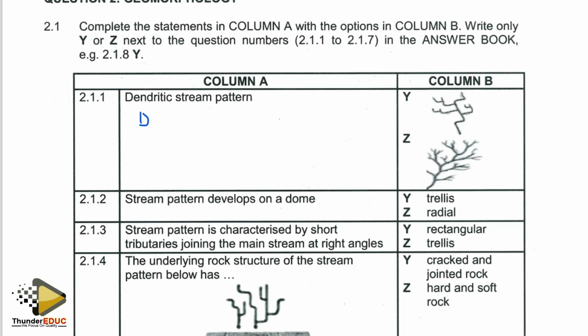If we check those two patterns, the one that reflects a tree and its branches is Z in this instance. Our Z is the one which resembles a tree with its branches. This one is now a rectangular drainage pattern on Y.